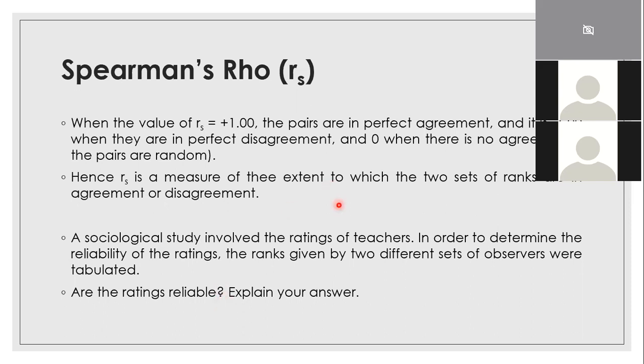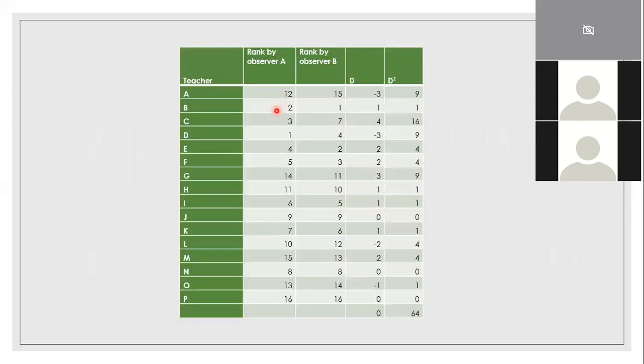And so the values that we have, the teachers were ranked by two observers, observer A and observer B. And so you have the scores here for observer A, and then you can observe the scores for observer B.